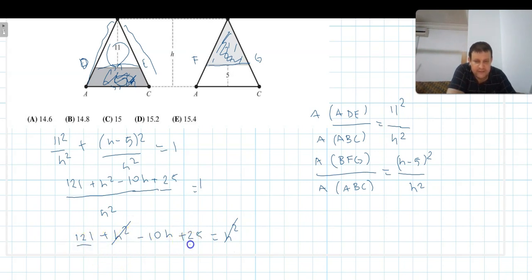Let's add these numbers together on this side: 146 equals 10h. To find h, let's divide both sides by 10. Here h equals 14.6. Okay, the answer is A. Let's continue with the next question.